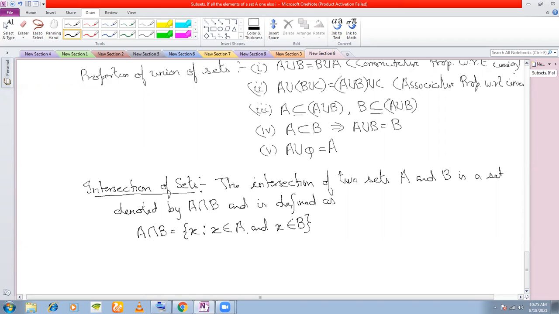Remember this, okay? Sometimes they don't write and, sometimes they simply give a comma in between. X such that X belongs to A, comma, X belongs to B. The comma means and, okay?